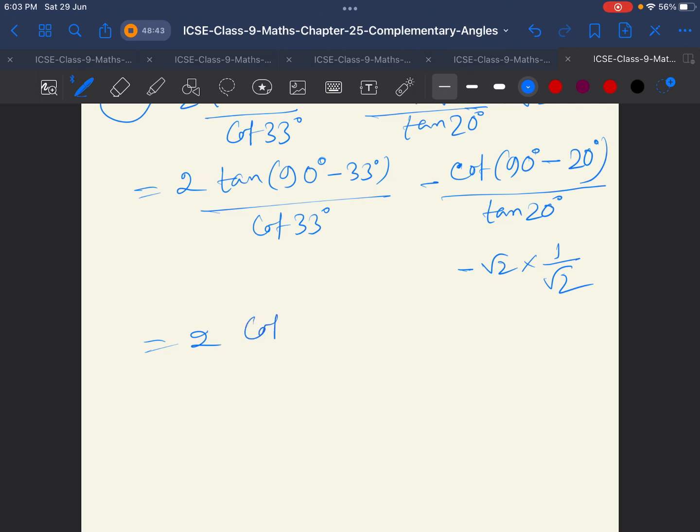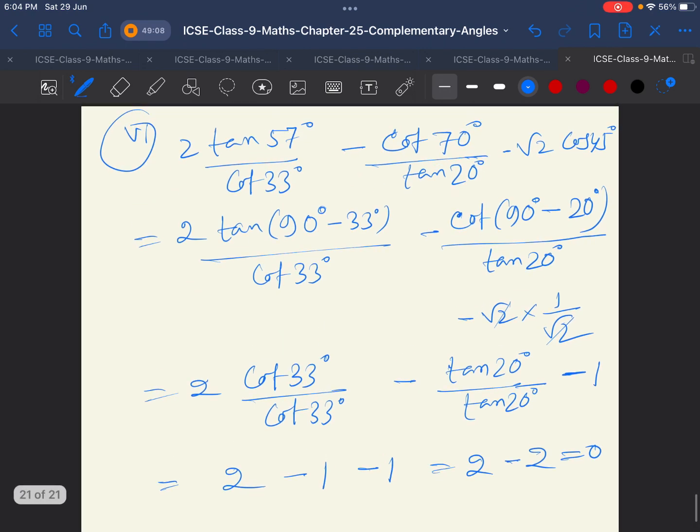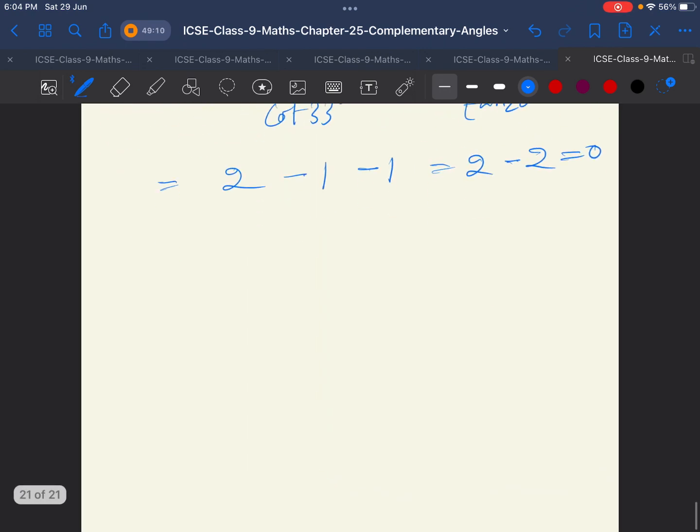So this term is cot of 33 degree by cot of 33 degree minus tan 20 by tan 20, so minus 1. Root 2 by root 2 is 1. So this term is 2 minus 1 minus 1. So 2 minus 2 equals to 0.